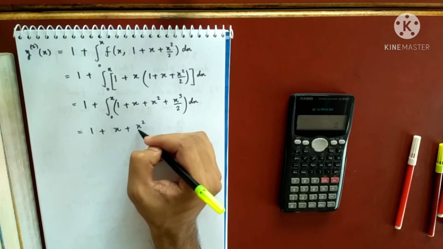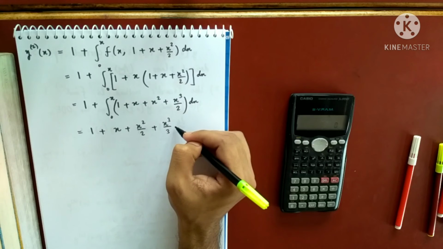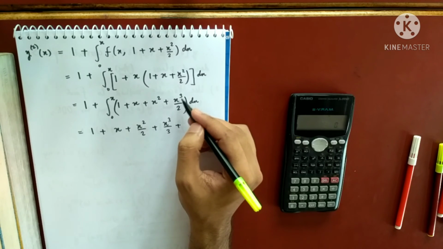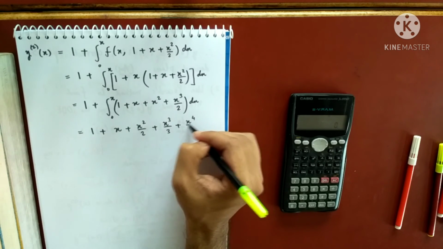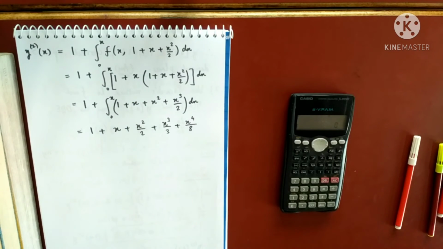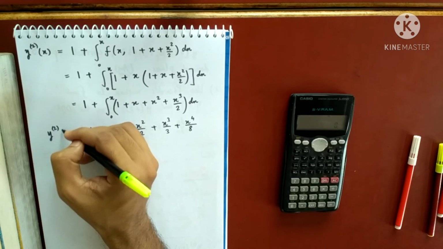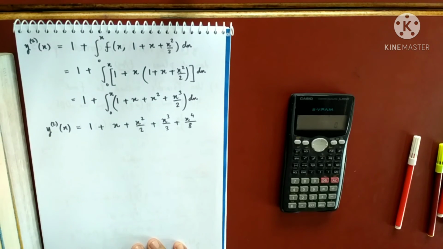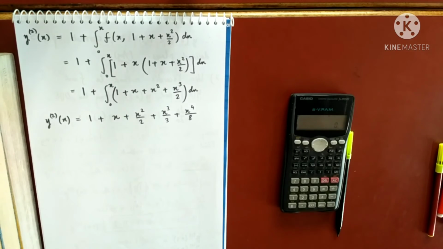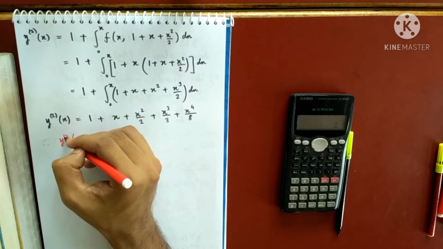Integration of 1 is x, x is x square by 2, x square is x cube by 3, and x cube is x to the power 4 by 4, so 4 twos are 8. If you put the limit, it remains the same only. So this is my second iteration.